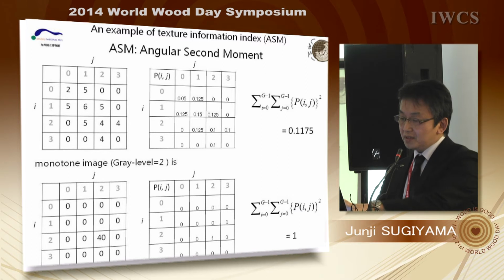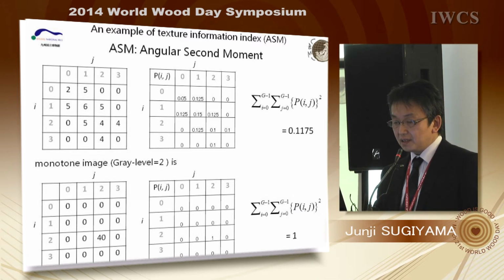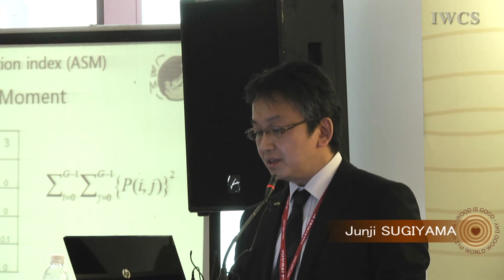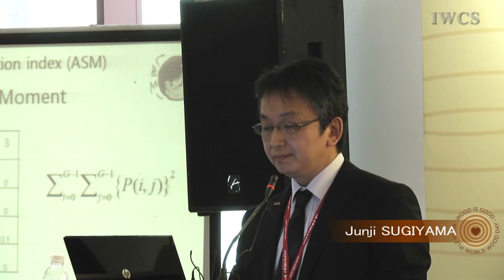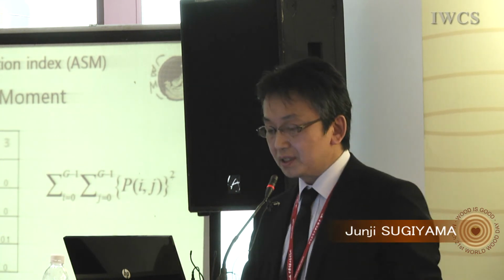From this probability function, Pij, we are going to calculate much information. One of them is the angular second moment, which is represented by the sum of squares. For these images, it is typically calculated to be 0.1175. Without knowing what it is, I can calculate this type of thing.